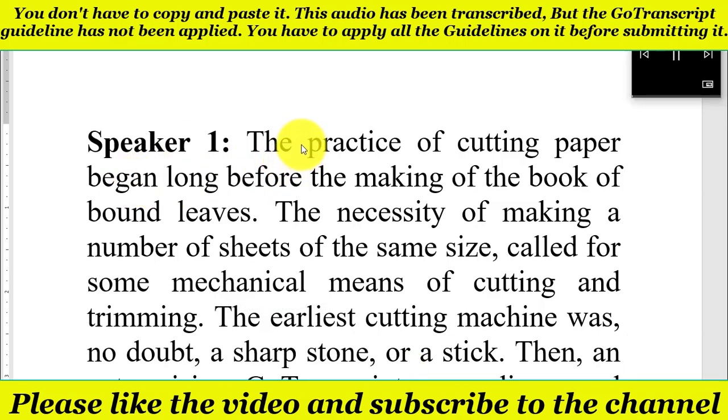This audio is part of the transcriber test at GoTranscript. The practice of cutting paper began long before the making of the Book of Bound Leaves. The necessity of making a number of sheets of the same size called for some mechanical means of cutting and trimming. The earliest cutting machine was no doubt a sharp stone or a stick.